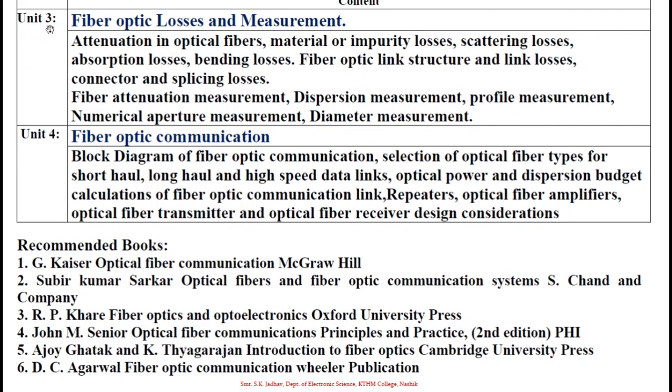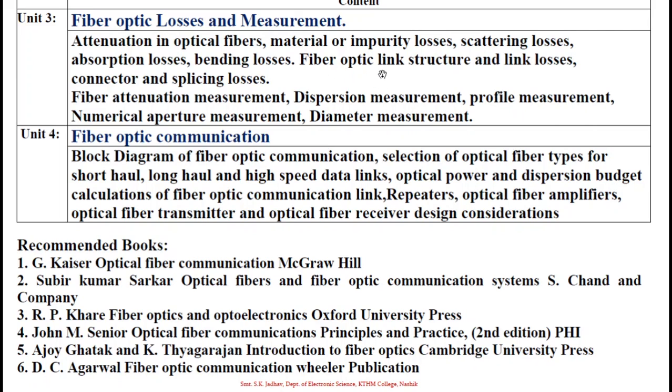Then unit 3 is fiber optic losses and measurement, and the contents of unit 3 include attenuation in optical fibers, then attenuation or losses due to material, scattering losses, absorption losses, bending losses.